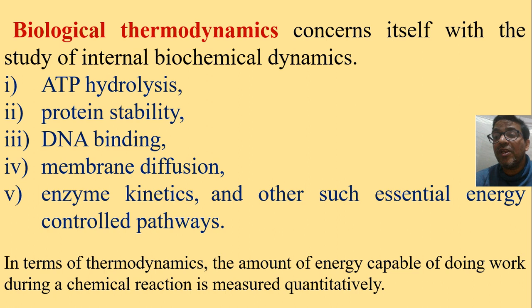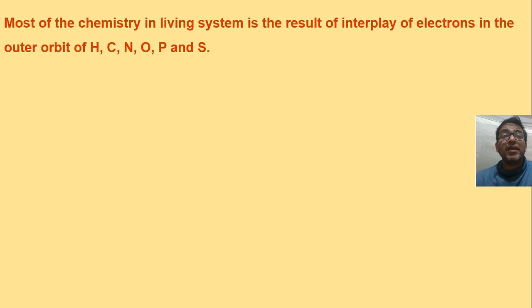Also, it is not only systems like automobile engineering or the other parts, but it is also important in our biological systems. It is given here that most of the chemistry in living systems is the result of interplay of electrons in the outer orbit of hydrogen, carbon, nitrogen, oxygen, phosphorus and sulfur.